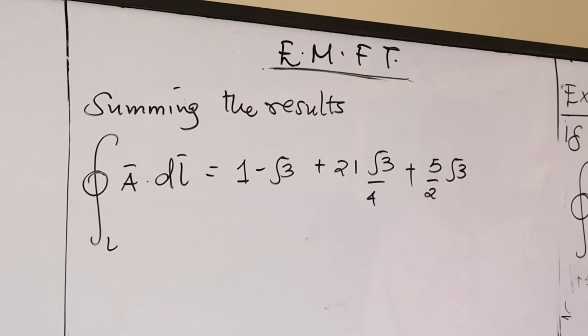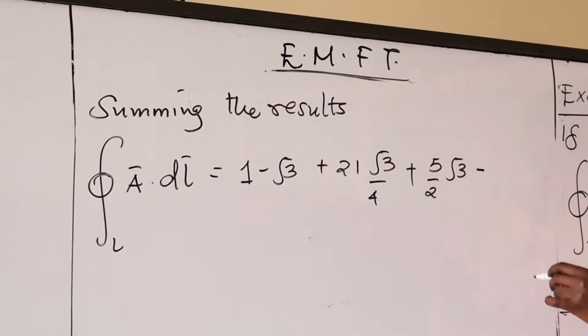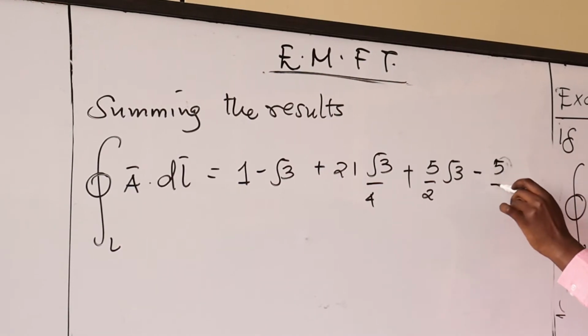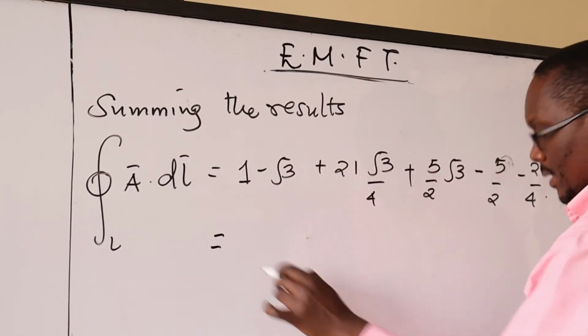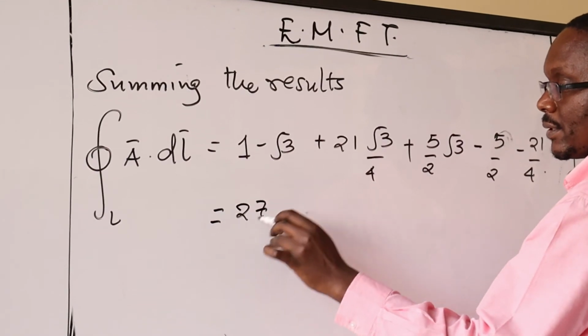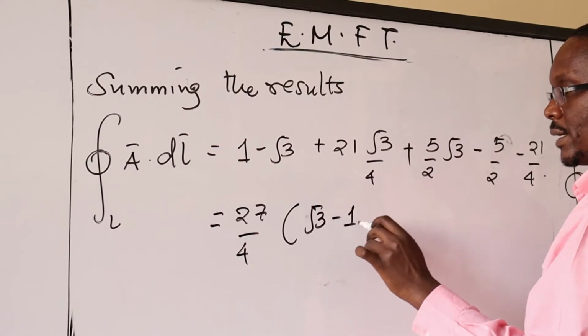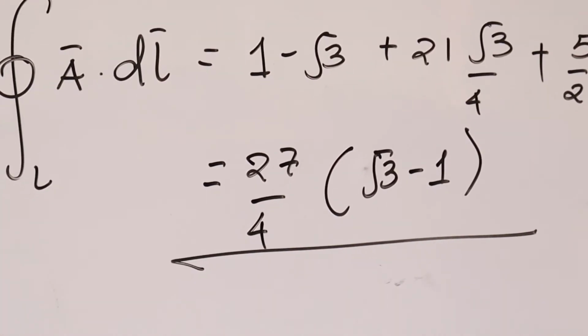If I simplify that, root of 3, I've opened up the 2, again minus 5 over 2. Then finally my final result is minus 21 over 4. If you simplify all this, I expect you to get 27 over 4 into root 3 minus 1 as your final answer. Or you can simplify that and get a decimal value.